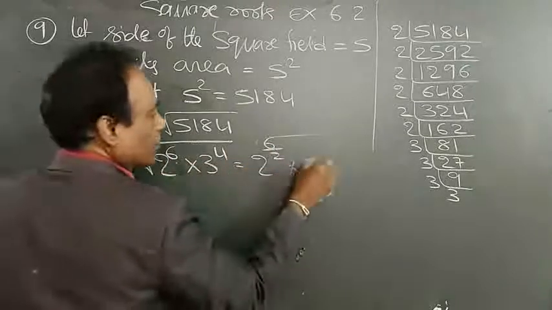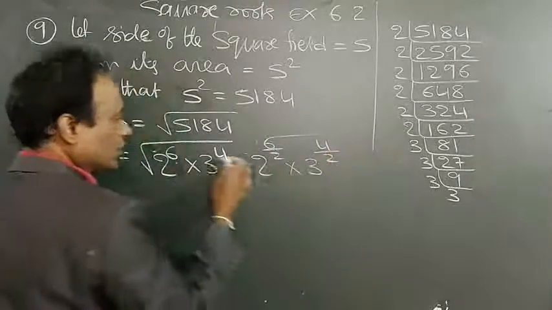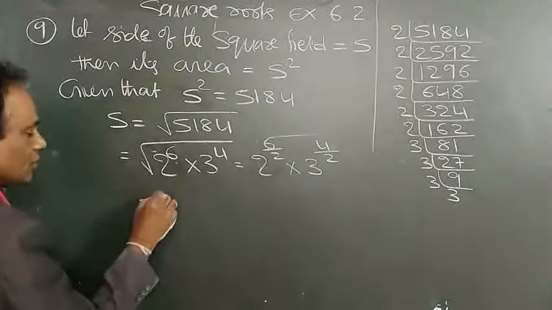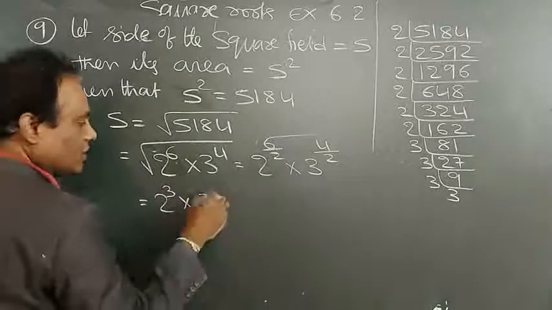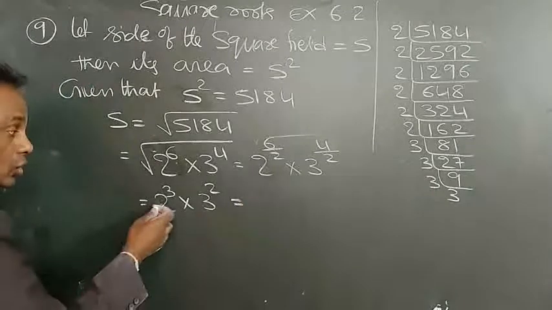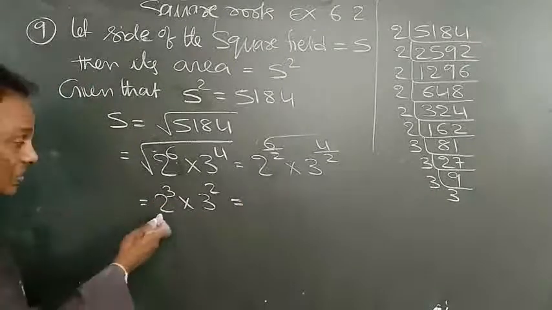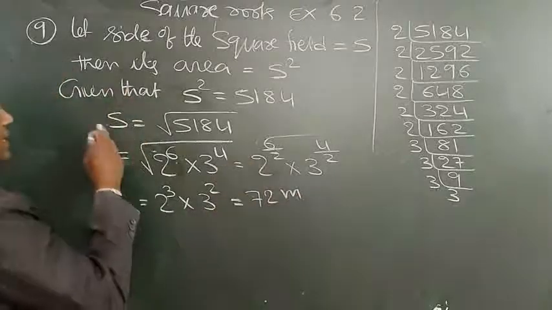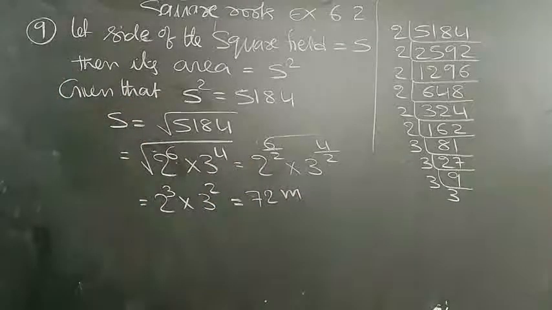Here also, 3 power 4, divide the power by 2. 6 divided by 2 is 3, so 2 cube. 4 divided by 2 is 2, so 3 square is 9. 2 cube is 2 into 2 into 2, 8. 8 into 9, 72 meters is the answer. S is equal to 72.